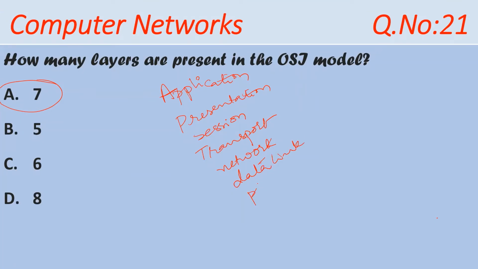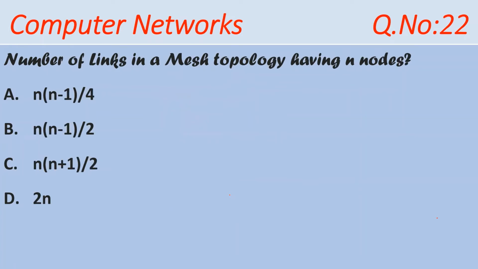And the last layer is the physical layer. So these are all the 7 layers, starting from the application layer to the physical layer. So how many layers are present in the OSI model? There are 7 layers.